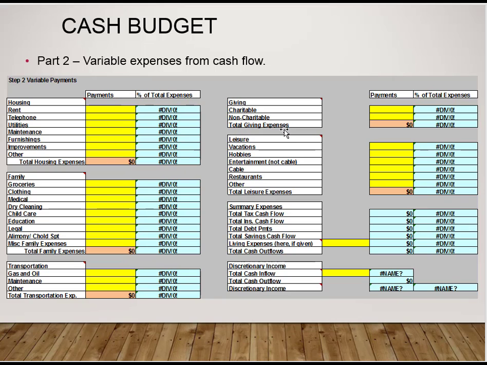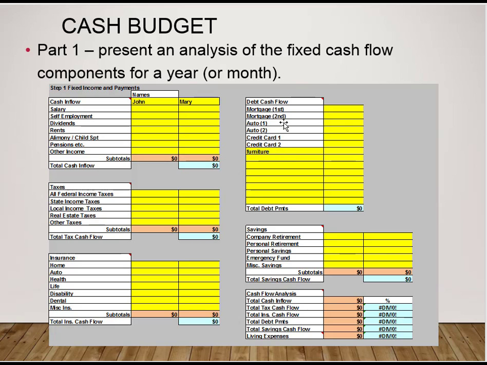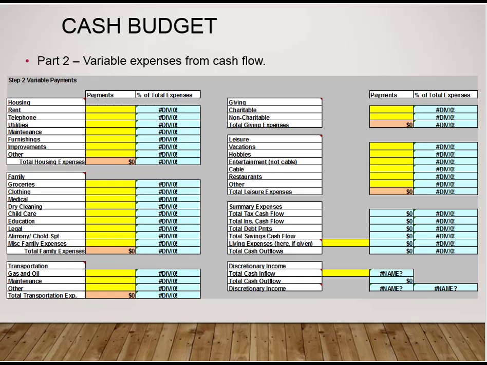Here we have these components where you can plug in the values that you think you'll spend. Now, for rent, we don't have to worry about rent if we own a house, because over here we had the mortgage payment. So if you own a house, you'd use the other fixed payment. But if you have rent, we want to show that here.